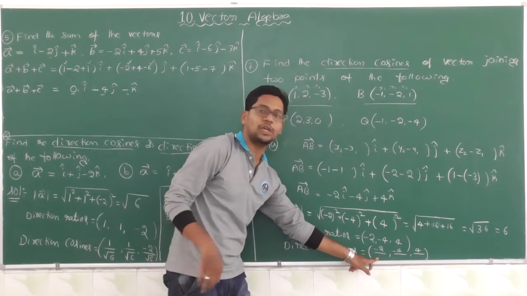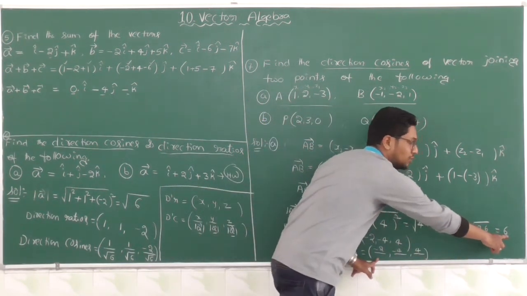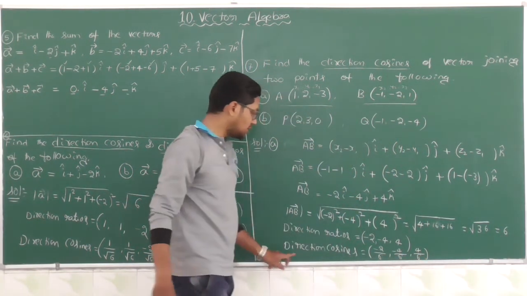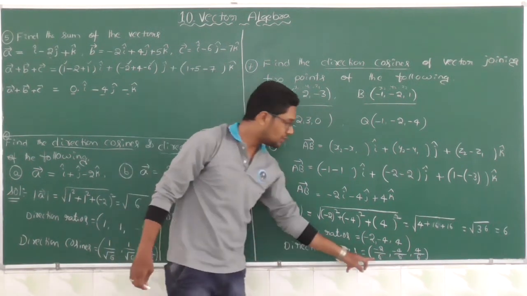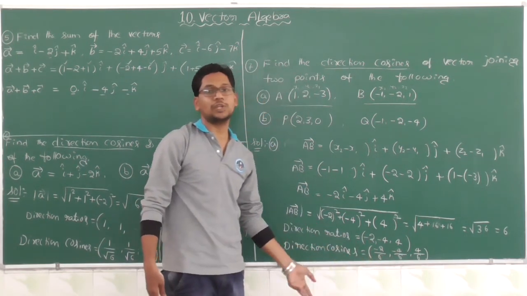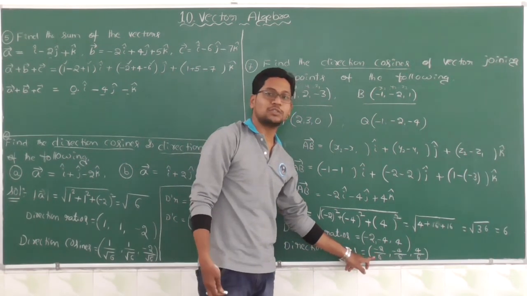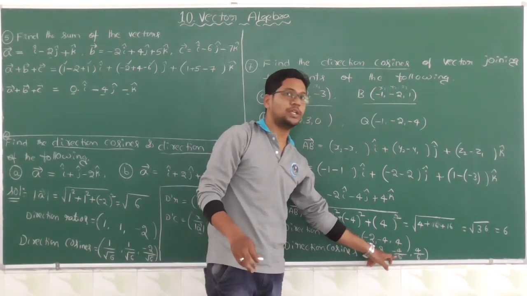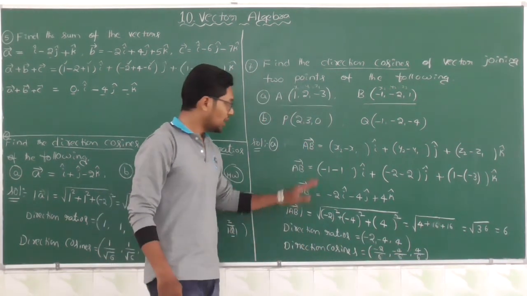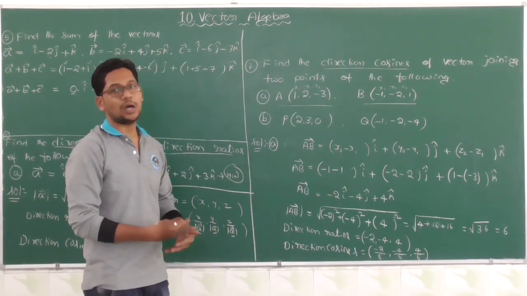In the denominator we have to write the magnitude, that is 6 and 6. Hence these are the direction cosines. You want to cancel this, you can cancel. The next step: minus 2 by 6 is minus 1 by 3, minus 4 by 6 is minus 2 by 3, next 4 by 6 is 2 by 3. Hence these are the direction ratios and direction cosines of the vector.